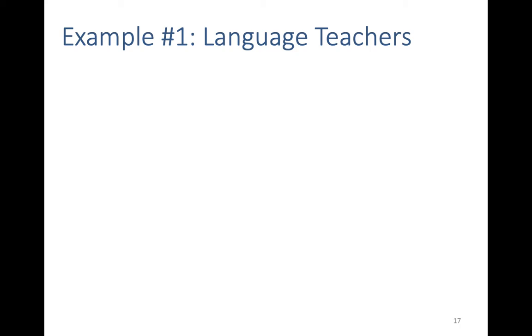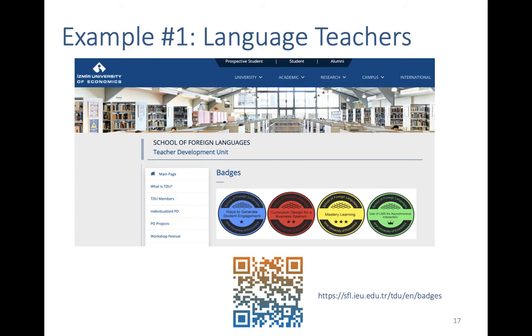What we are doing in the School of Foreign Languages is letting the instructors, under the guidance of the trainers within our teacher development unit, design their own pathway: this is the project I want to pursue, this is how I intend to get some background knowledge on it, then I will apply it in my classroom or classrooms, and then I will reflect on it and present on it.